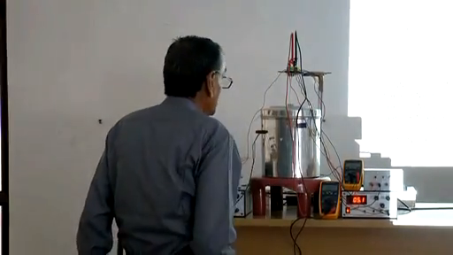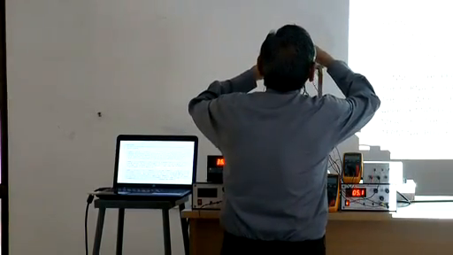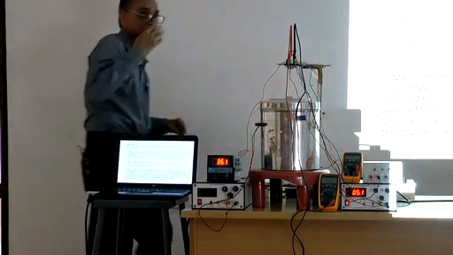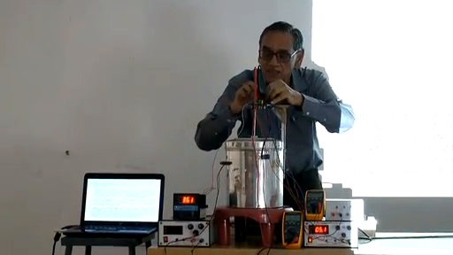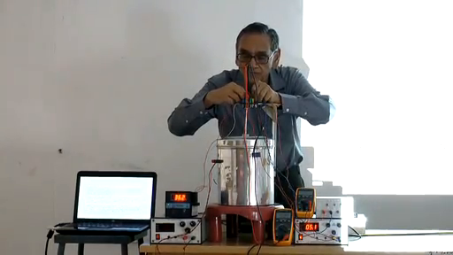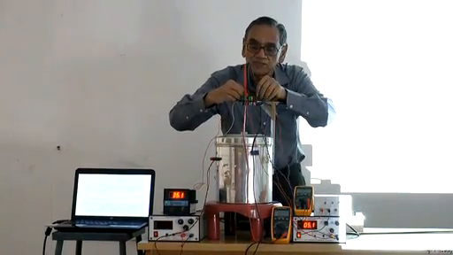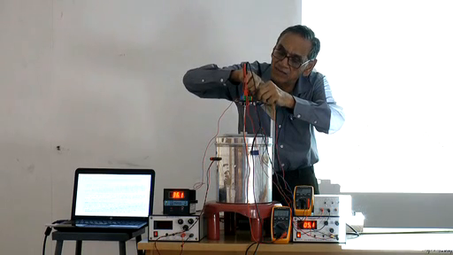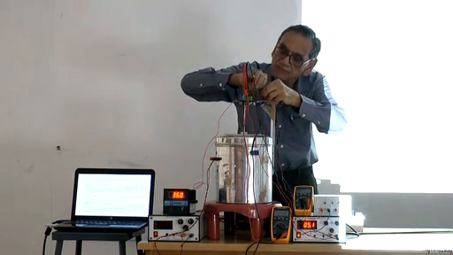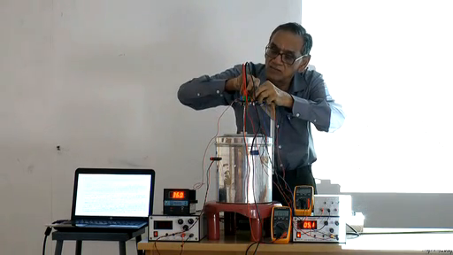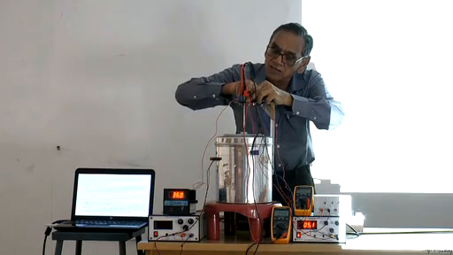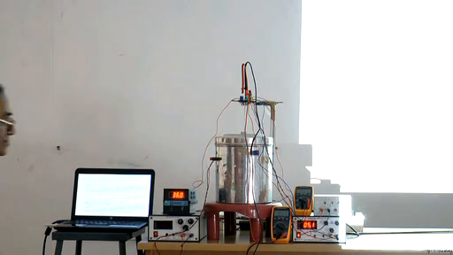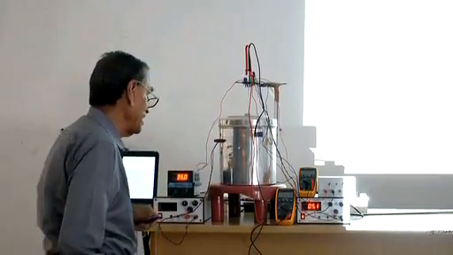So it shows very small voltage. It shows a voltage of 5.8 millivolts.